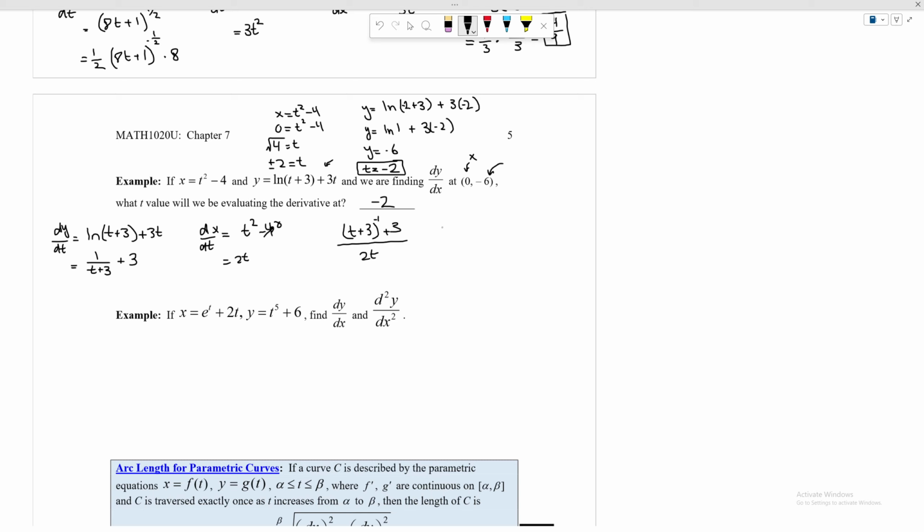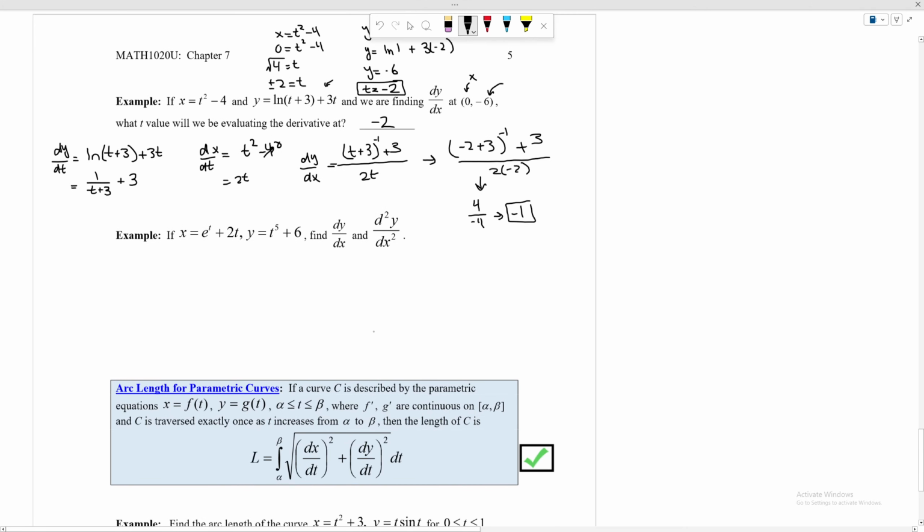I've got to sub in because I want it at this exact point. So this will equal 1 over (negative 2 plus 3), and negative 2 plus 3 is 1. 1 over 1 is 1. 1 plus 3 is 4. 4 over negative 4, negative 1, is your answer.